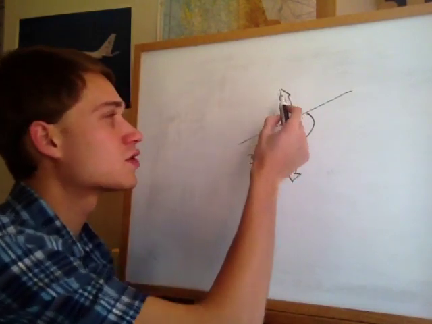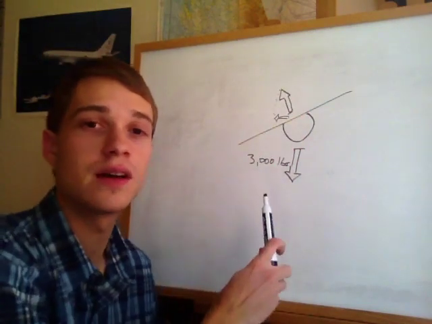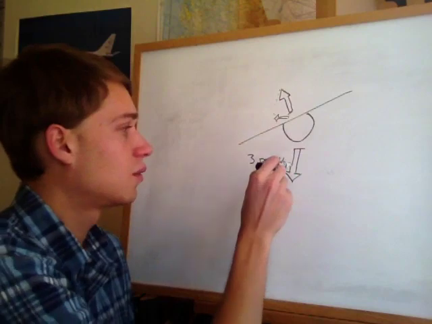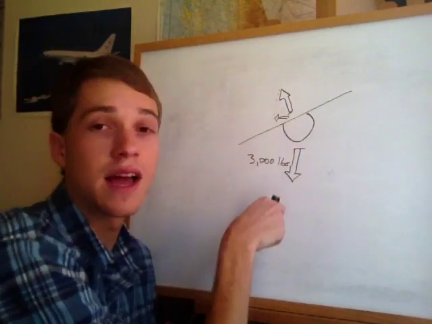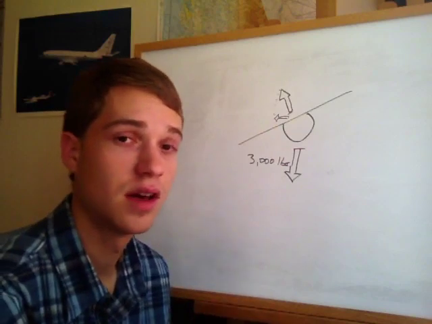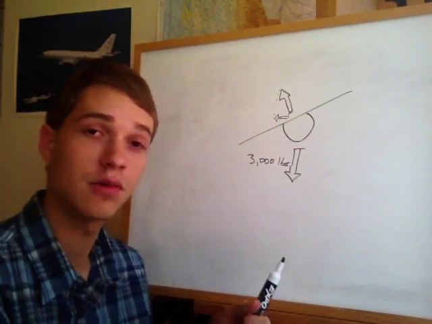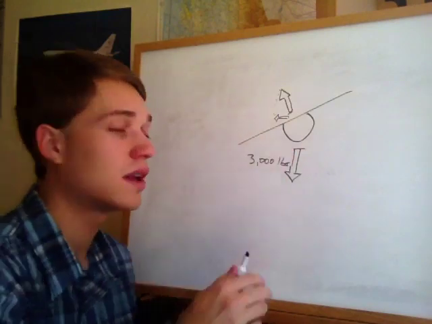And say the wings are still producing 3,000 pounds of lift, but they're not producing that all in the upper direction, whereas the weight is still acting straight down towards the center of the earth. So we have a problem here.